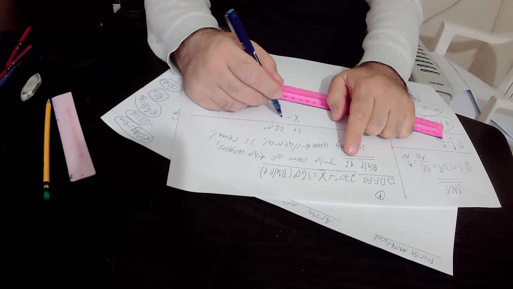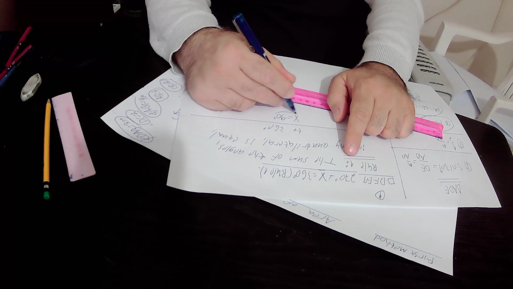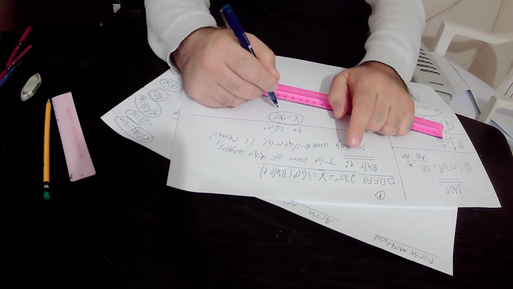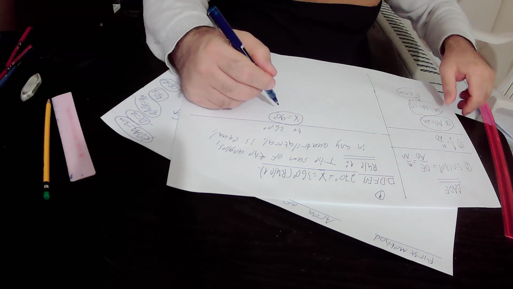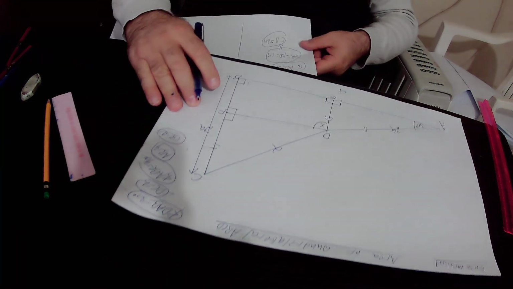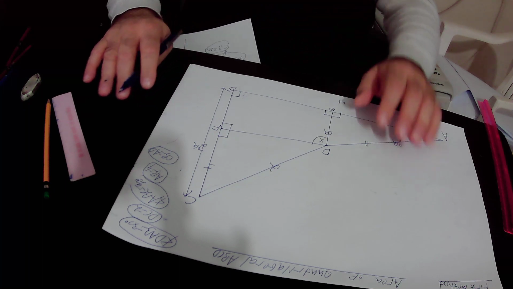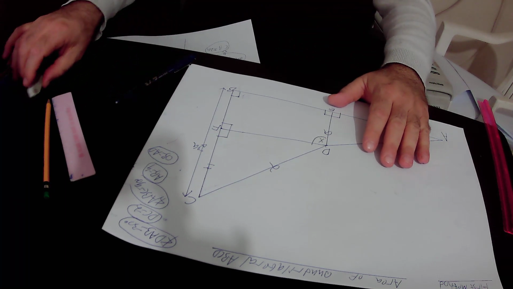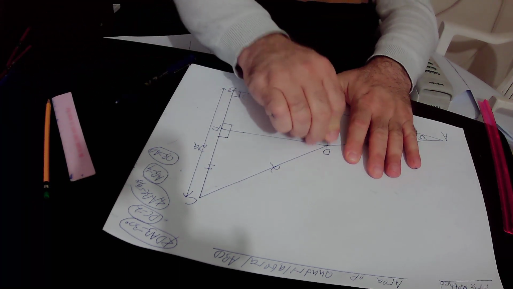That is to say, angle x equals 90 degrees. So we found that angle x is a right angle.